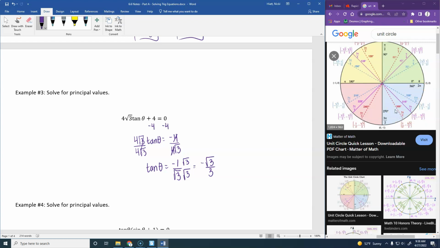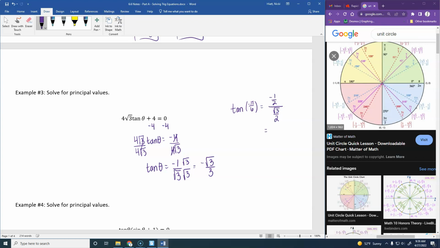So if I look at tangent of negative pi over 6, that's right here on my unit circle. It needs to be sine over cosine, which is the y over the x. So I will have -1/2 divided by square root of 3 over 2.